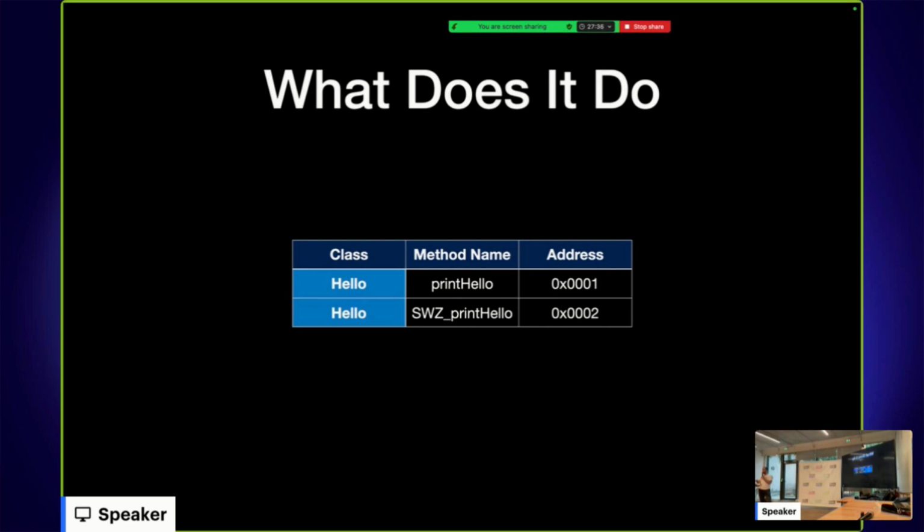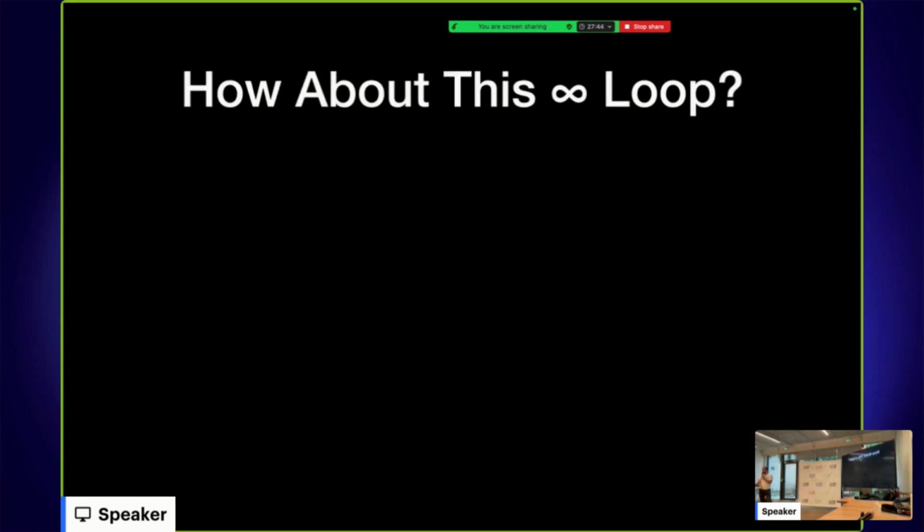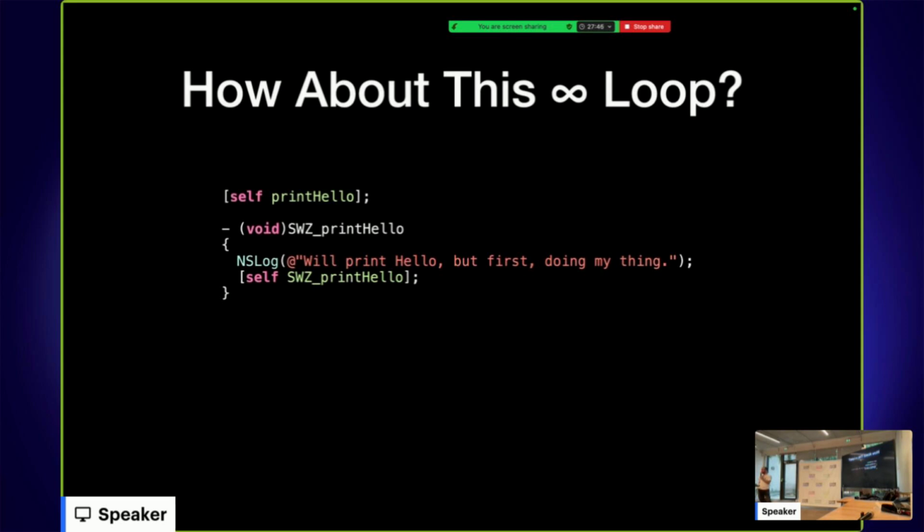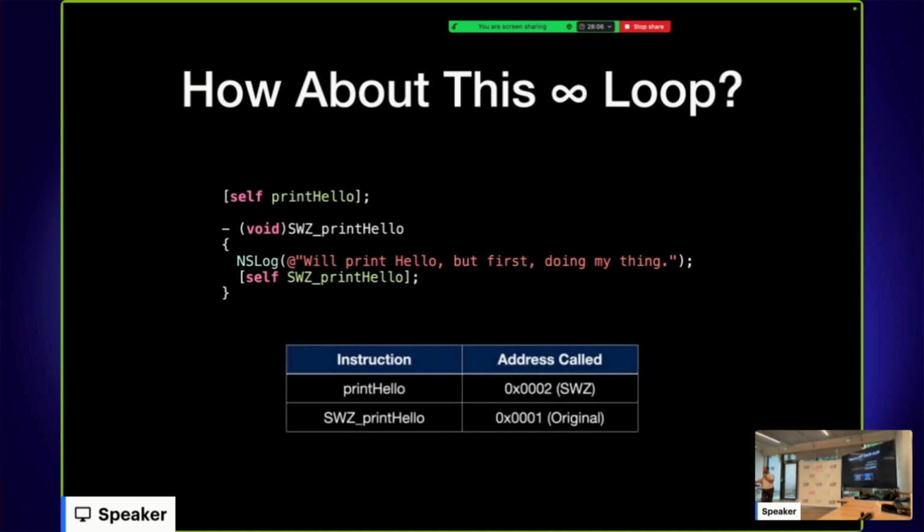So what we do is we just invert the implementations of the two, and we have an infinite loop in the implementation of swizzlePrintHello. As you can see, first we do a log to say, hey, I have successfully swizzled, and then I call myself. I call swizzlePrintHello. So why? Because we have inverted the implementation. So now when I call swizzlePrintHello, I will actually call the original printHello function.